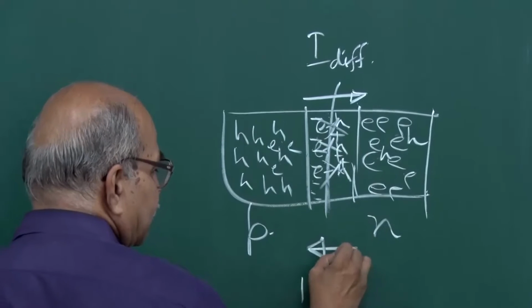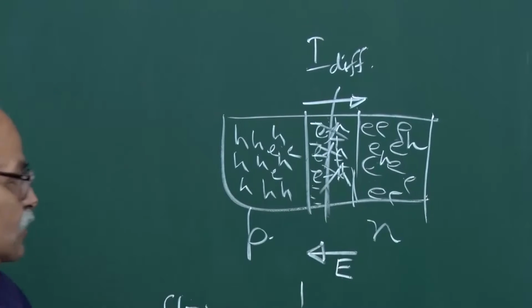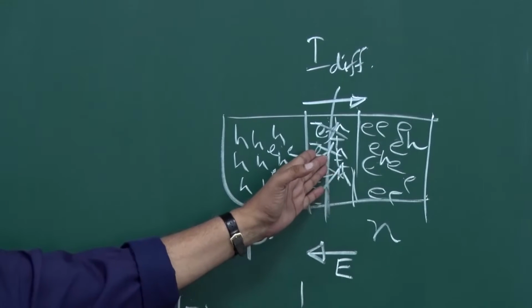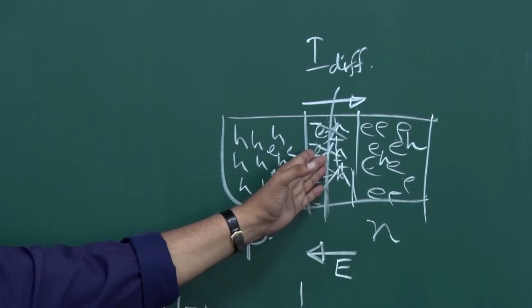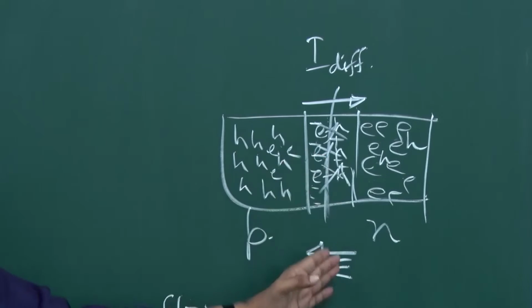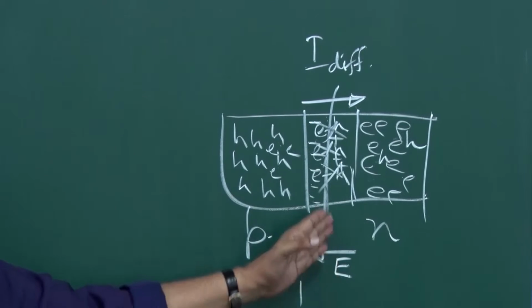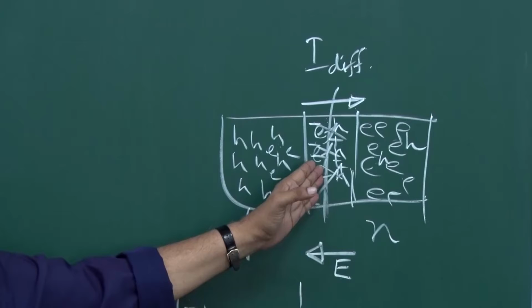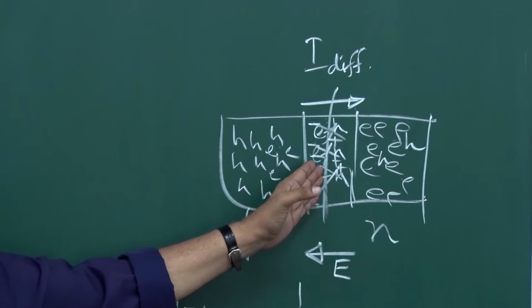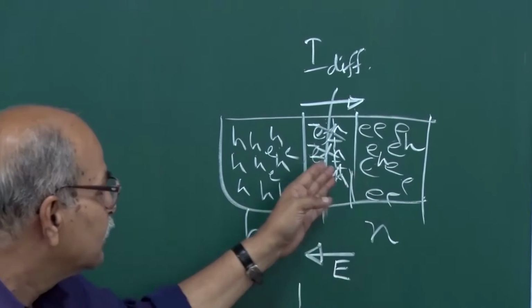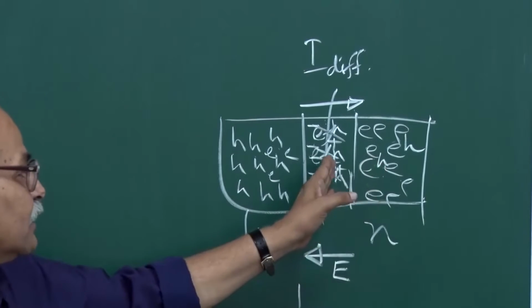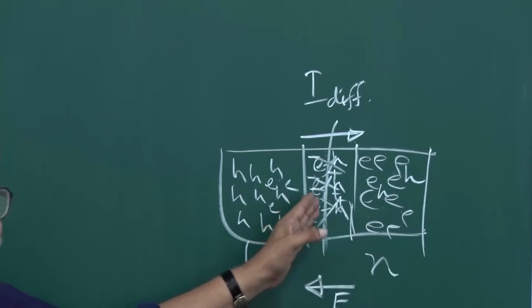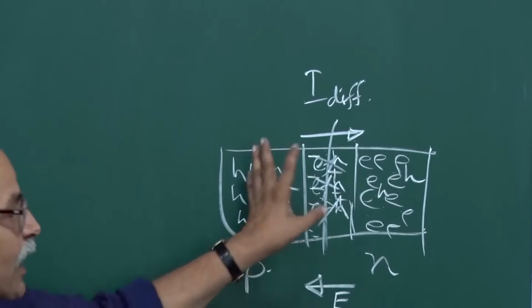So you have an electric field. As soon as this EH pair is created, this electric field will exert force on this newly created electron, and that electron will be pushed to this side and the holes will be pushed to this side. So that mechanism also you can understand from here.